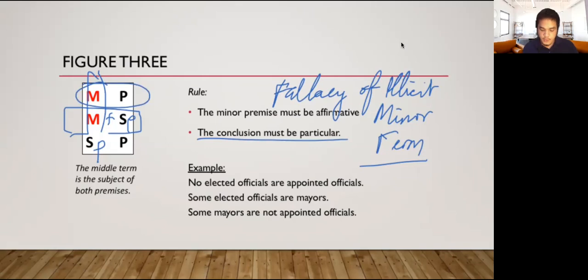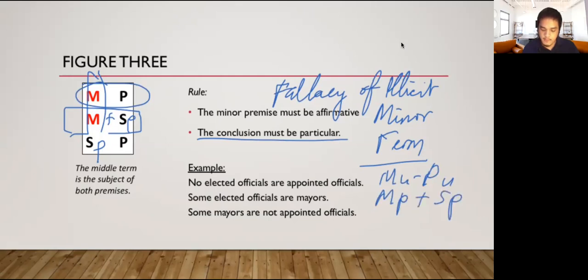So we have no elected officials are appointed officials. So we have MU minus PU, and then MP plus SP.